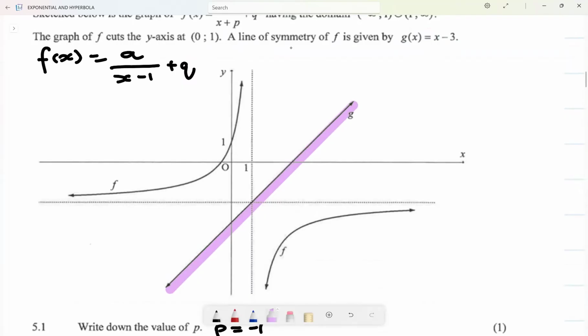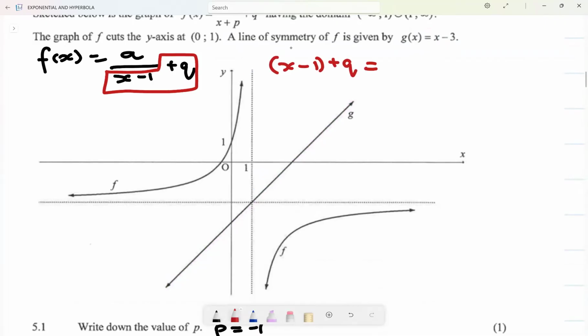So if they wanted me to find the equation of the line of symmetry with a positive gradient, I was just going to take x minus 1, positive, plus q. But now I am already given this as x minus 3.